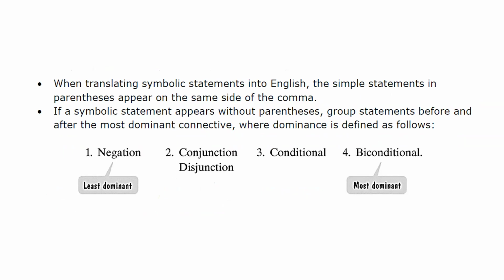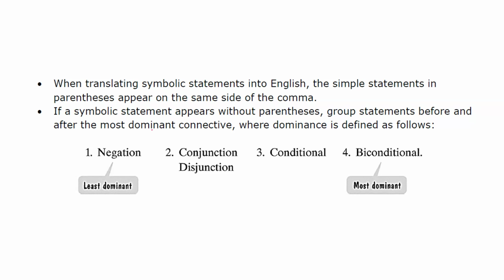When translating symbolic statements into English, the simple statements in parentheses appear on the same side of the comma. If a symbolic statement appears without parentheses, group statements before and after the most dominant connective, where dominance is defined as follows.